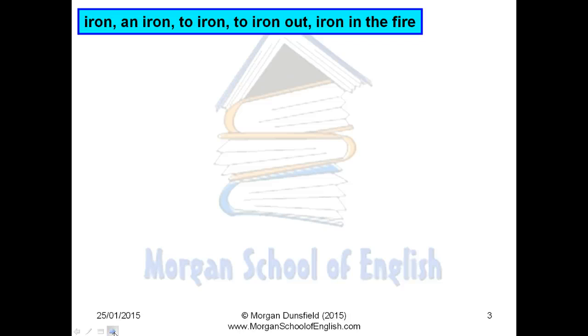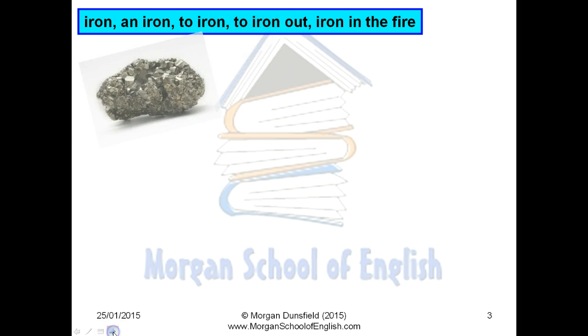Now here we have a lot of words that basically have different meanings. Let's begin. We have iron, an iron, to iron out, iron in the fire. Oh my gosh. Let's begin.